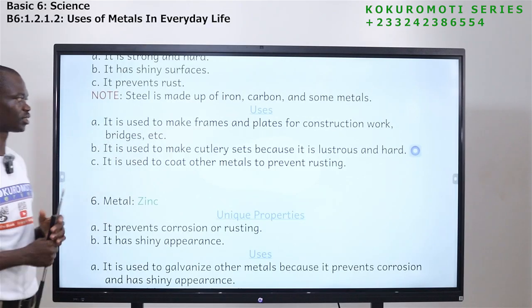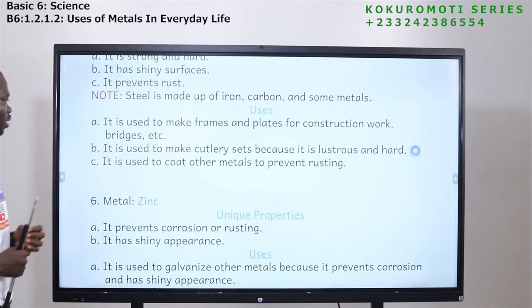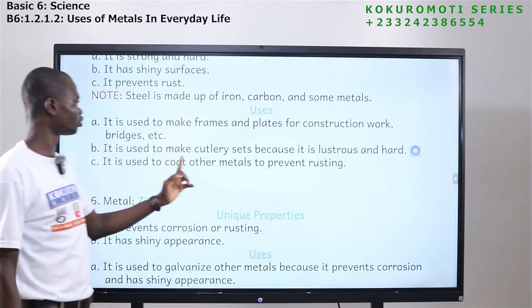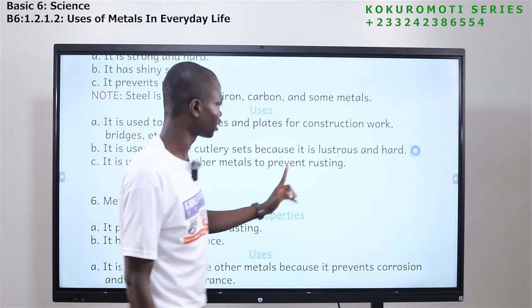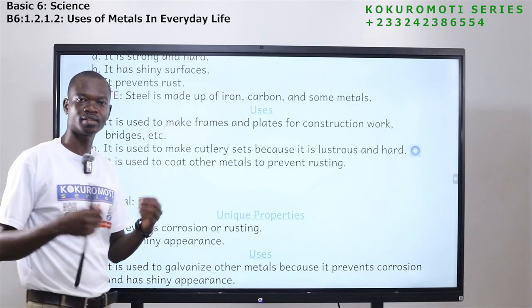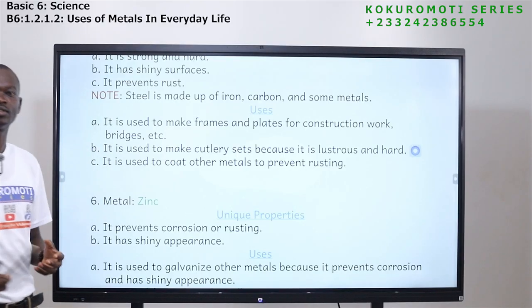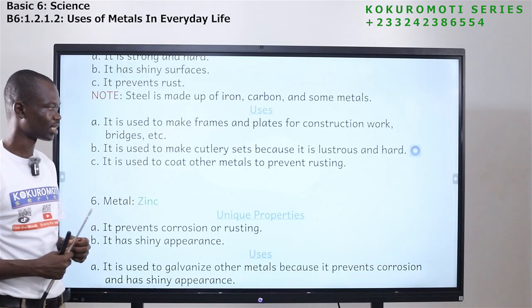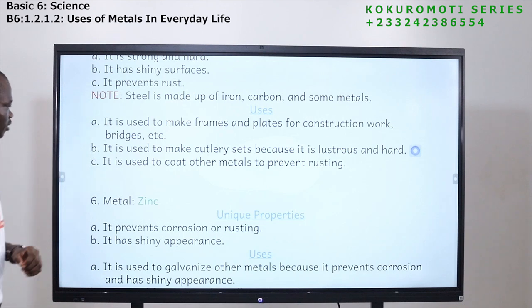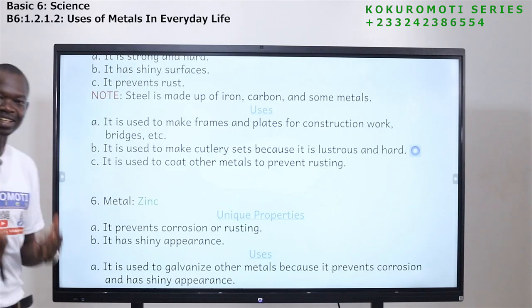So because of the unique properties of steel, it is used for construction work and what? Bridges. Two, it is used to make cutlery sets because it is lustrous and hard. The spoon, the fork, the things that we use when we are eating, they are made of steel because they are lustrous. The last one that we are mentioning here is that steel is used to coat other metals to prevent rusting.